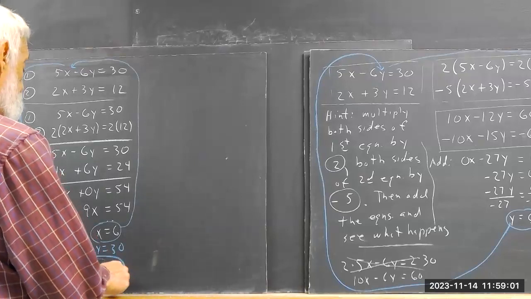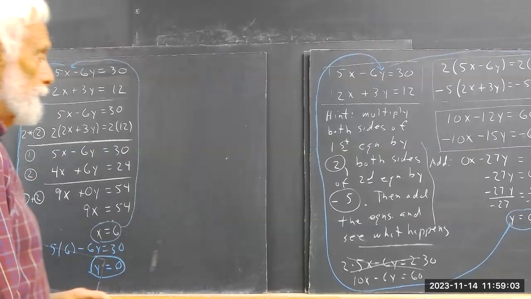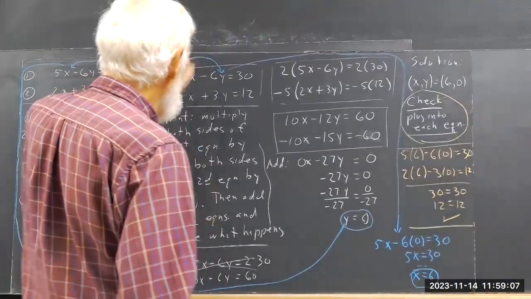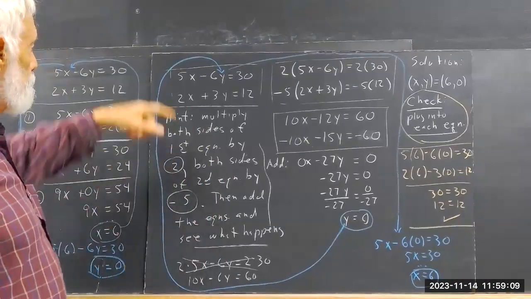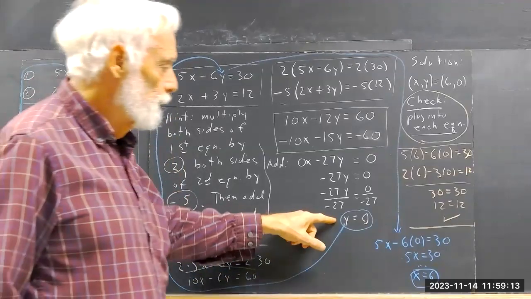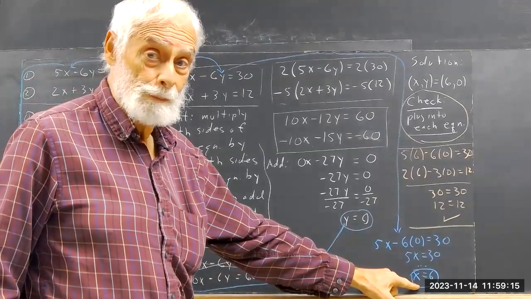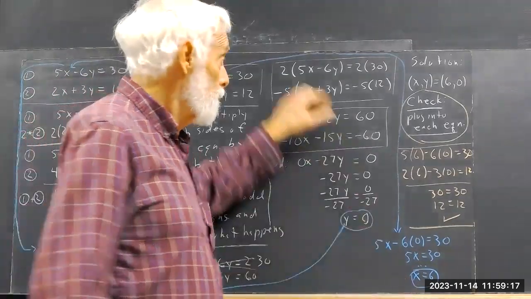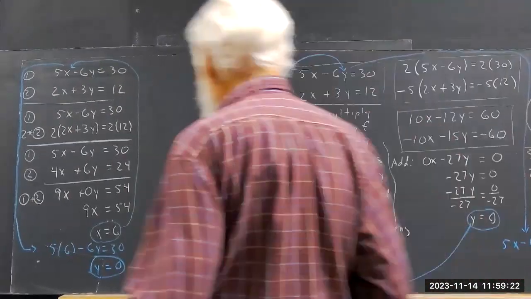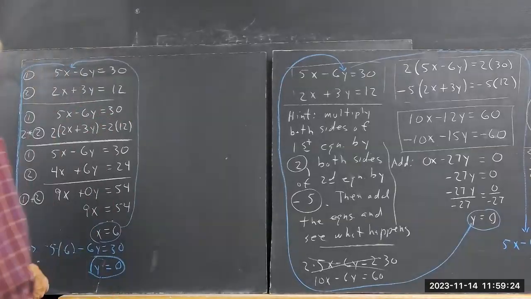Not a surprise. We'll look back at what we got for the solution for the equation when we multiplied the first equation by 2 and the second by negative 5. We got y equals 0 and x equals 6. What do we get here? Same thing, we got y equals 0 and x equals 6.